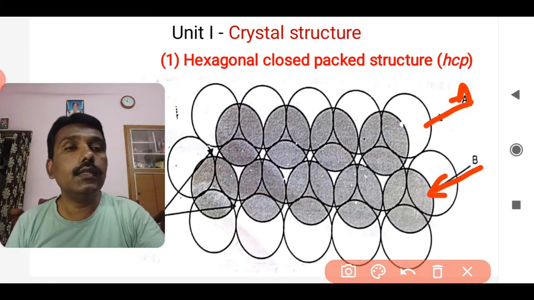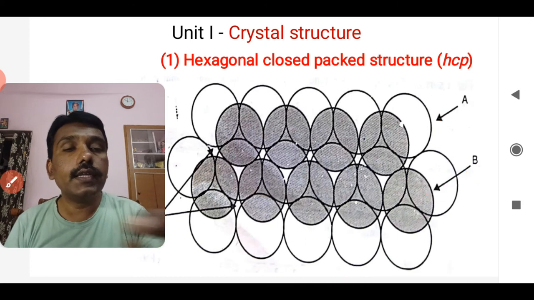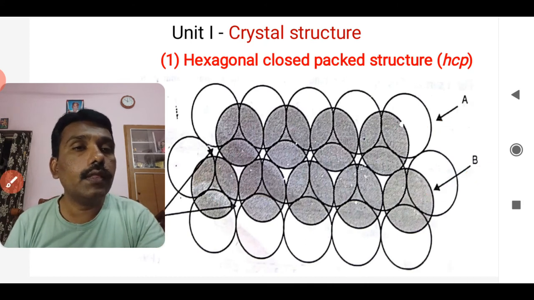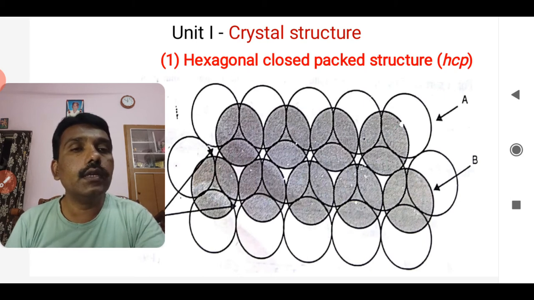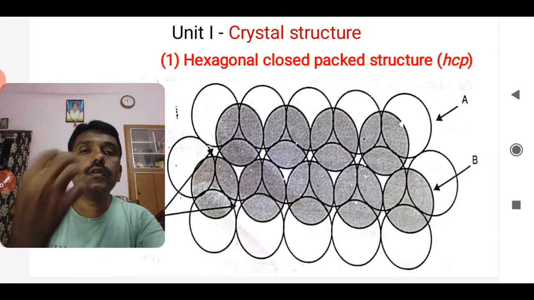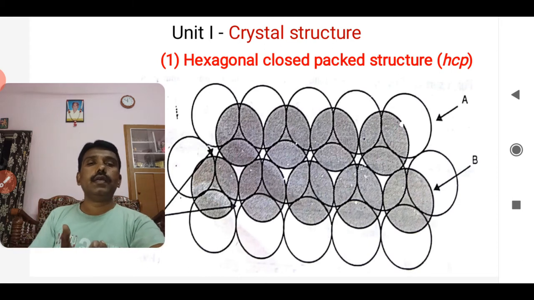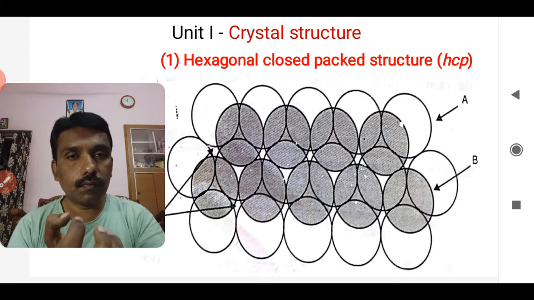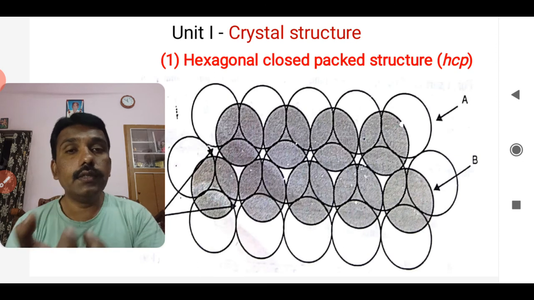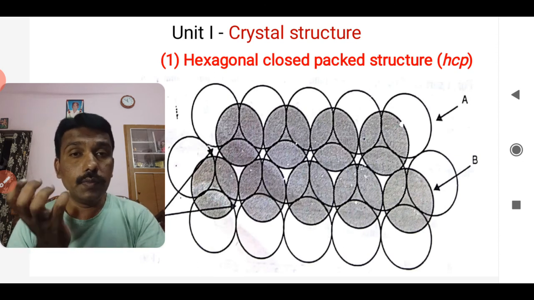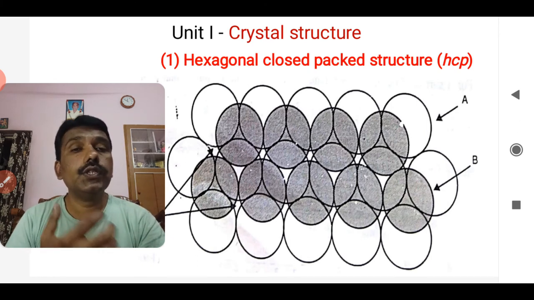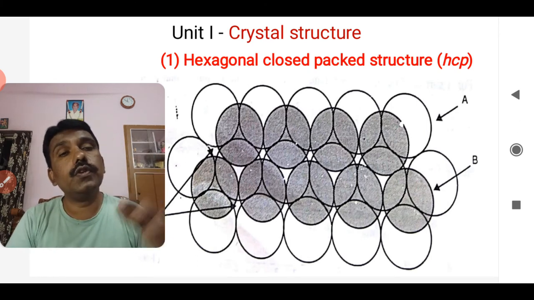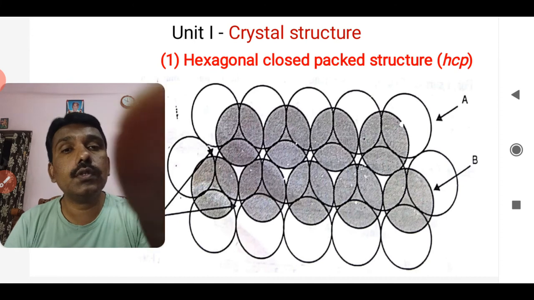And in this case, whatever grooves are remaining in the A layer are covered by this B layer, and whatever grooves or valleys remain in the A valley are going to be covered by the next layer. In this fashion, this structure is going to be developed in the hexagonal closed packed structure.